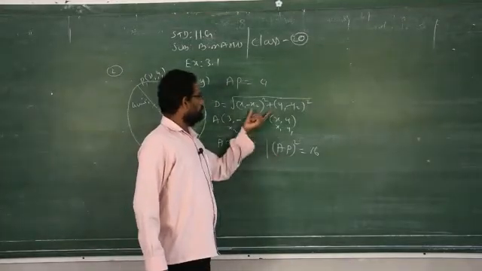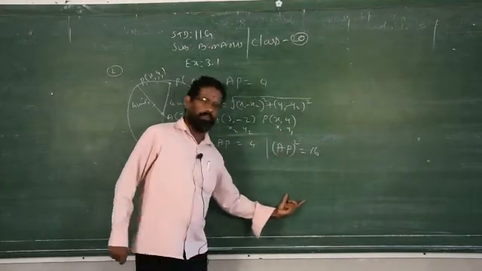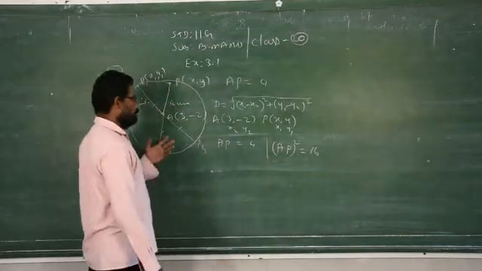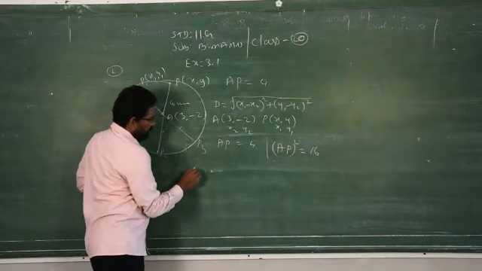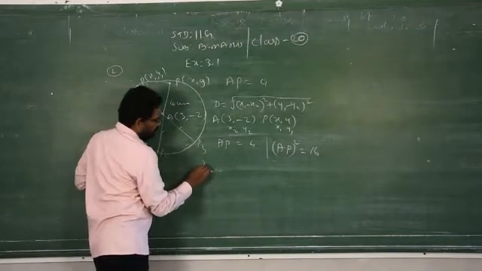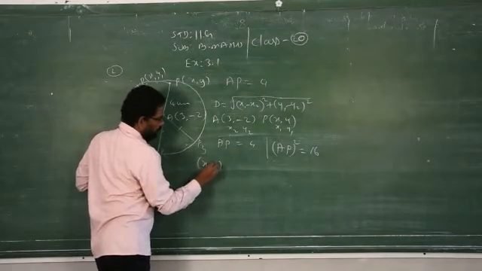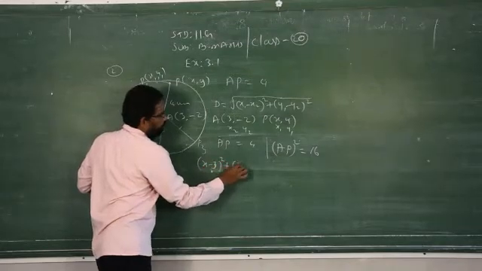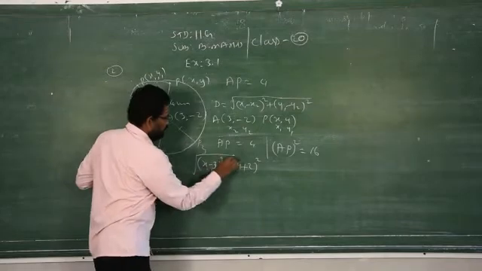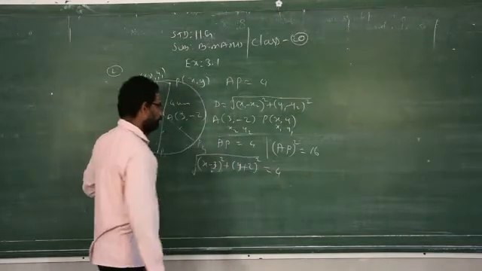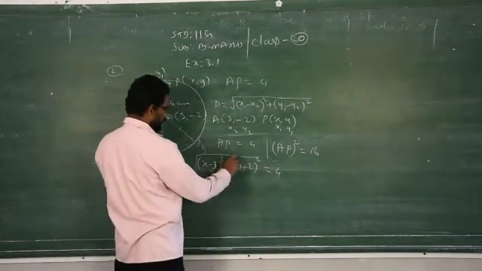Then you replace this formula without square root and simplify, you get the answer. Clear? So, you can do both methods. Now, I am using the square root symbol. So, square root of x minus 3 the whole square plus y plus 2 the whole square is equal to 4.